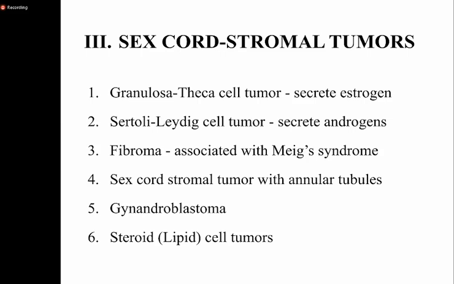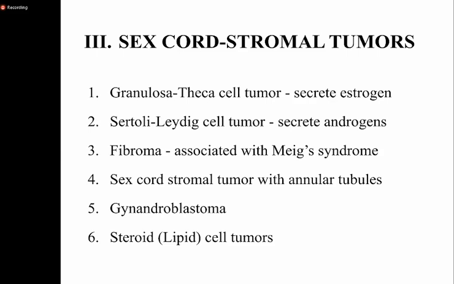Fibromas arise from the stroma and may be associated with Meigs syndrome. The sex cord stromal tumors typically have annular tubules, the gynandroblastoma, and the steroid lipid tumors to complete the list. So we'll just look at a few of these.